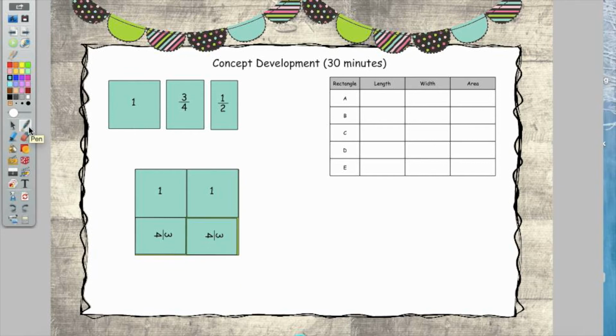All right, so what do I have on the top here? 2. 2 units. What do I have on the side? 1 and 3/4. 1 and 3/4 units. Okay, so it's almost a square, but not quite.